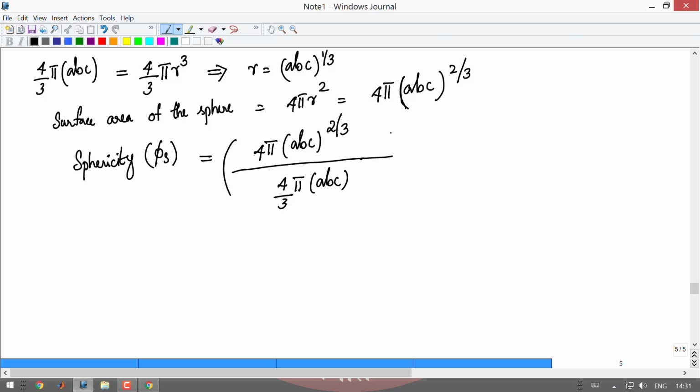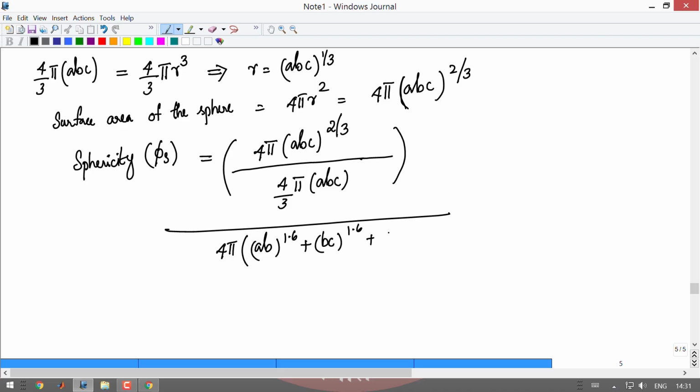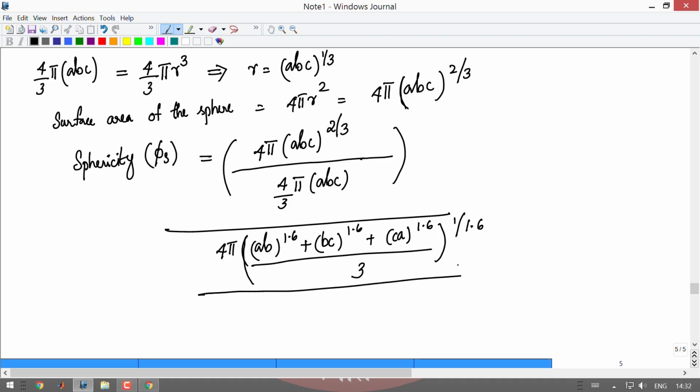So, this whole term will be the surface to volume ratio of the sphere. And now if we write for the particle, we know that the surface area is 4 pi times (AB to the power of 1.6 plus BC to the power of 1.6 plus CA to the power of 1.6, divided by 3) whole to the power of 1 by 1.6, and we need the volume. Volume is 4 by 3 pi times ABC.